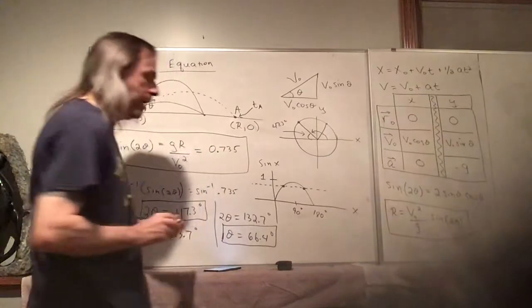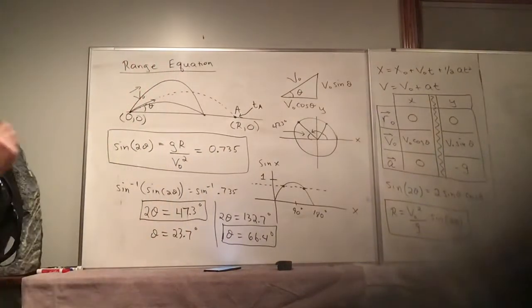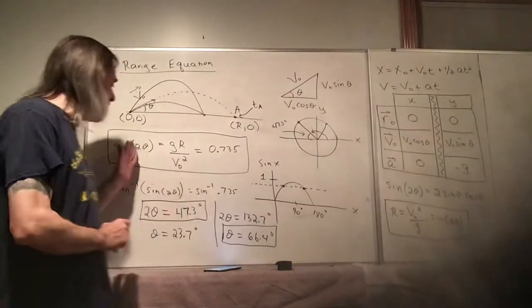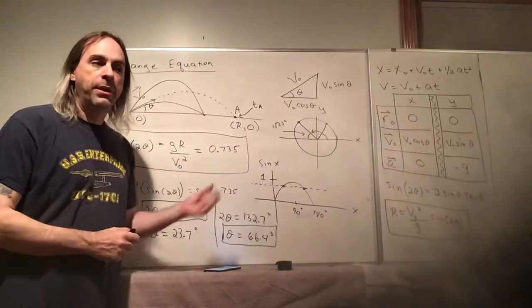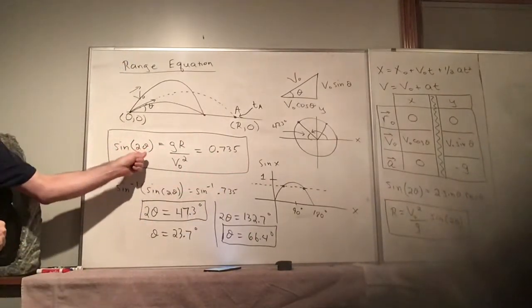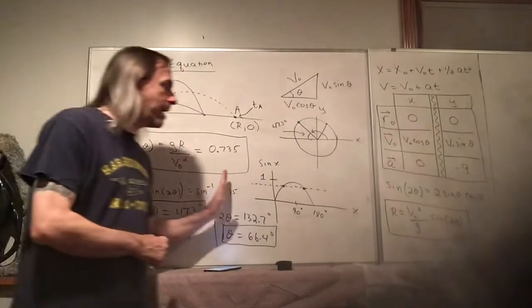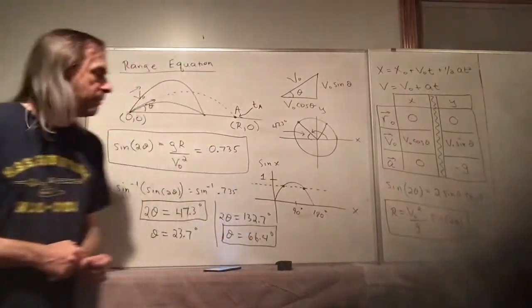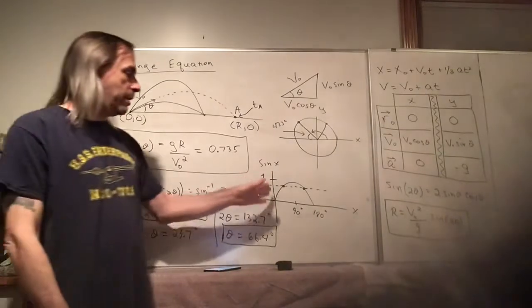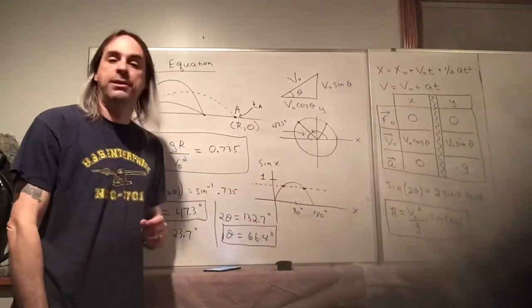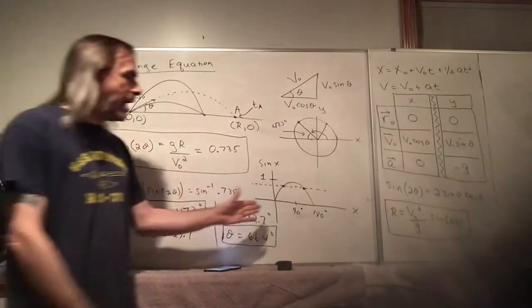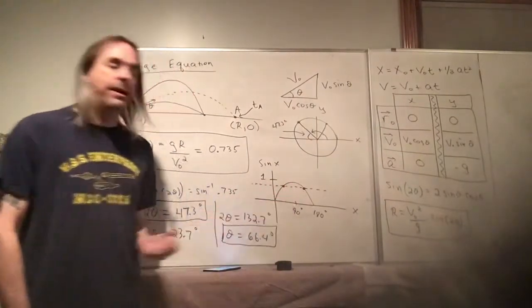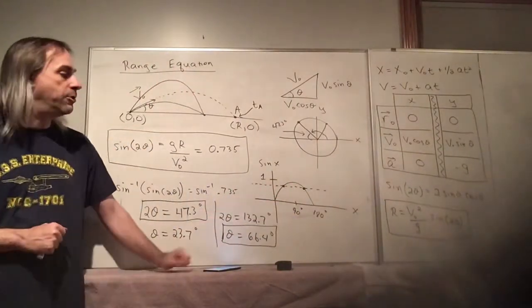So again, my recommendation whenever you have sine of something equals a number and you want to find what's in the parentheses is to draw a graph, because then you can clearly see there should be 2 solutions between 0 and 180 degrees. Then if you divide by 2, both of these will be in that 0 to 90 degree range that we need.